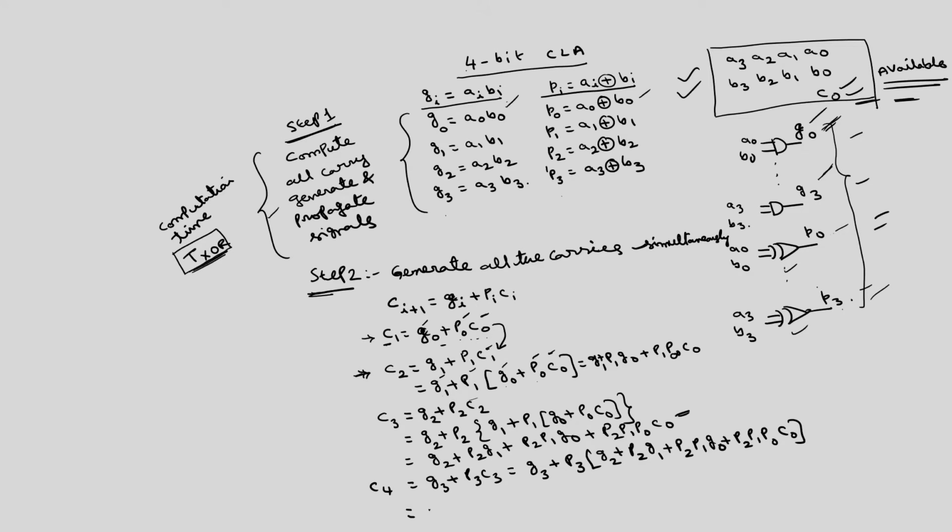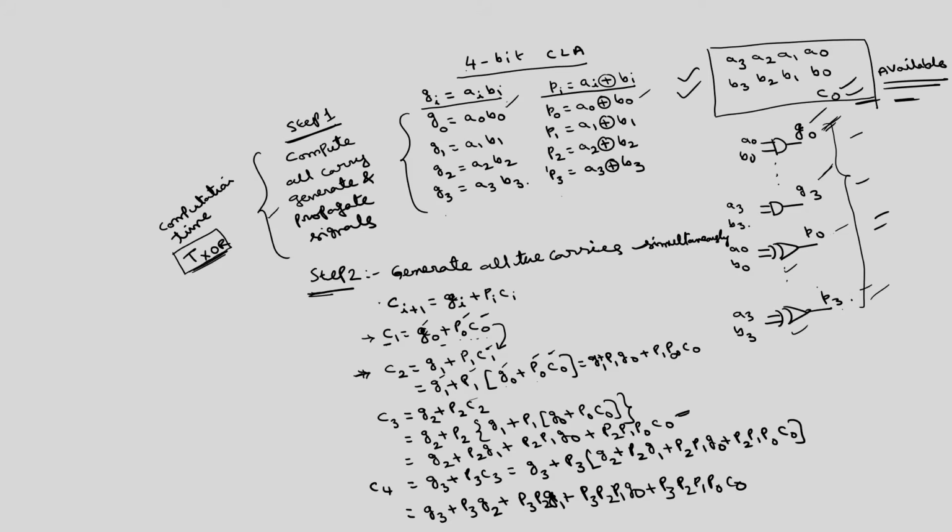So, finally, we will get G3 plus P3 G2 plus P3 P2 G1 plus P3 P2 P1 G naught plus P3 P2 P1 P naught C naught.